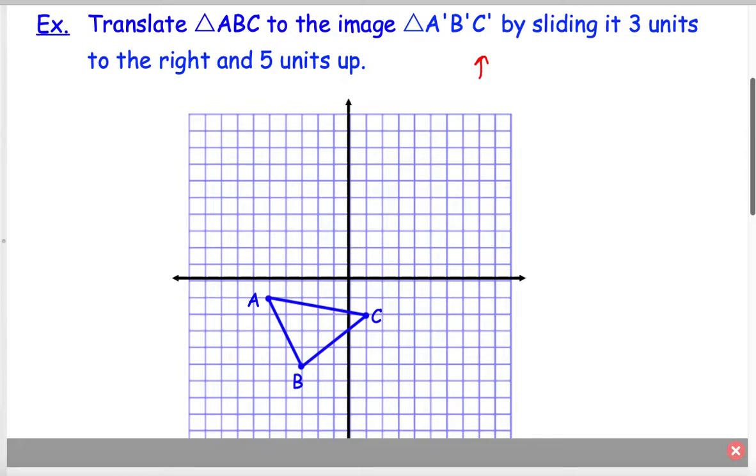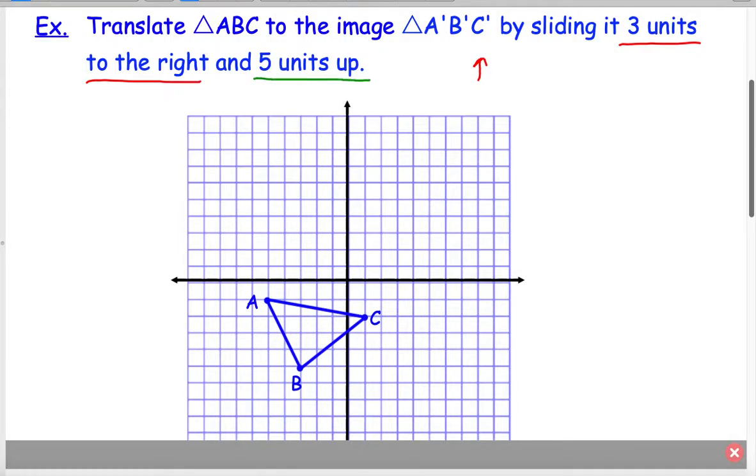Okay, so we want to take this triangle ABC and we want to slide it or translate it 3 units to the right. Let me underline that. 3 units to the right and 5 units up. And when we do that, 3 units to the right and 5 units up, we're going to get that.